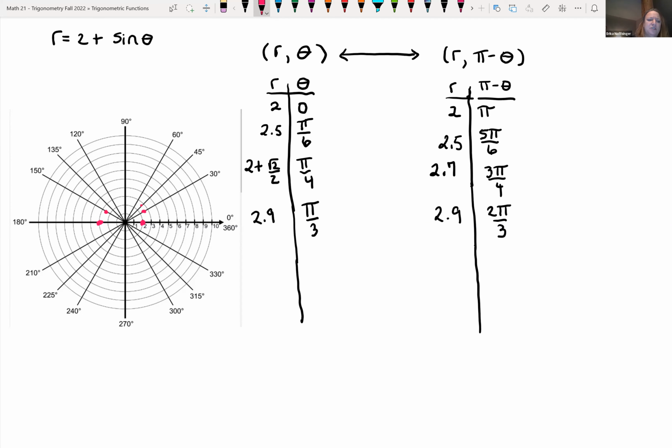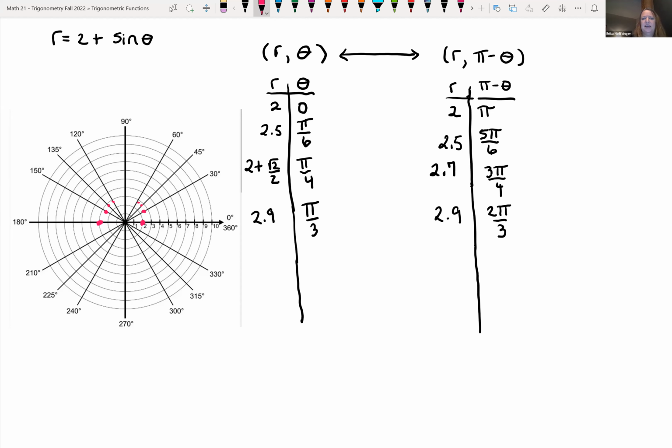And that's about 135 degrees, we also have 2.7. At pi thirds, which is 60 degrees, we have 2.9, and at 120 degrees, we also have 2.9.